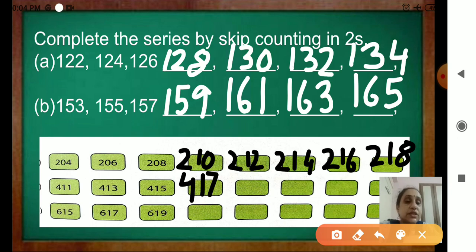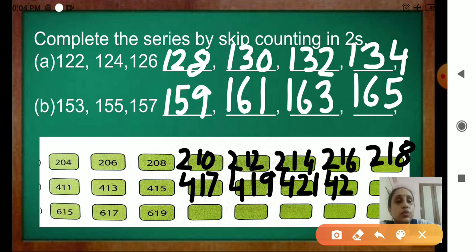After 417, 419. Then count 420, 421. Then 423. Then 425.